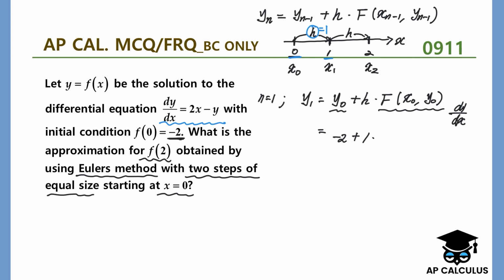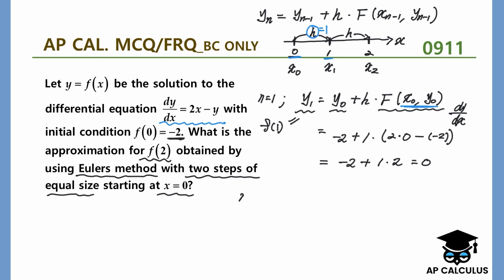So at this point right here, the slope is 2 times 0 minus y0, which is negative 2, so that's 2. So that's negative 2 plus 1 times 2, which is equal to 0, right? And this value right here is the approximation for f of x1, which is equal to 1.